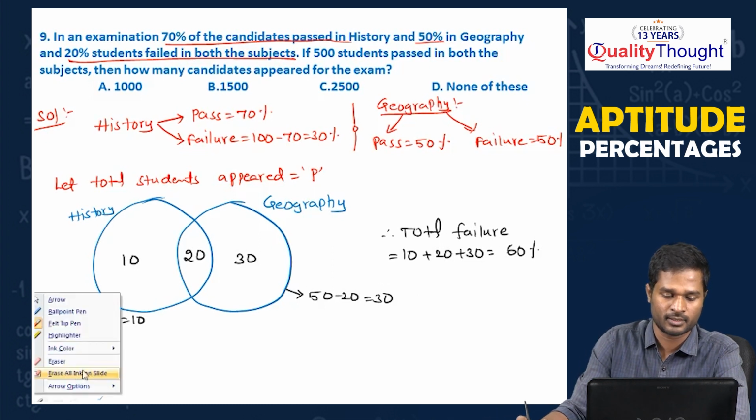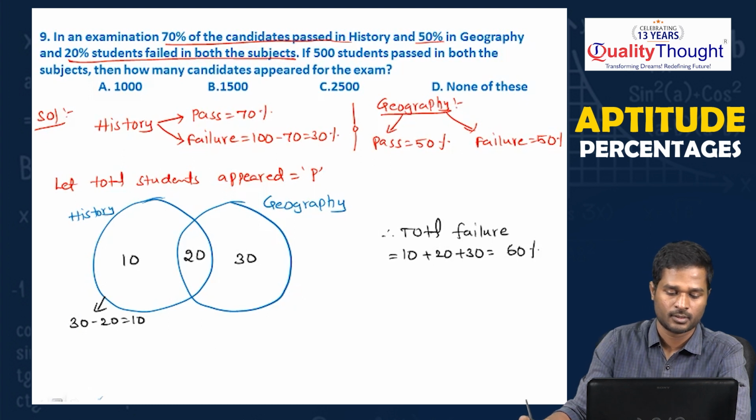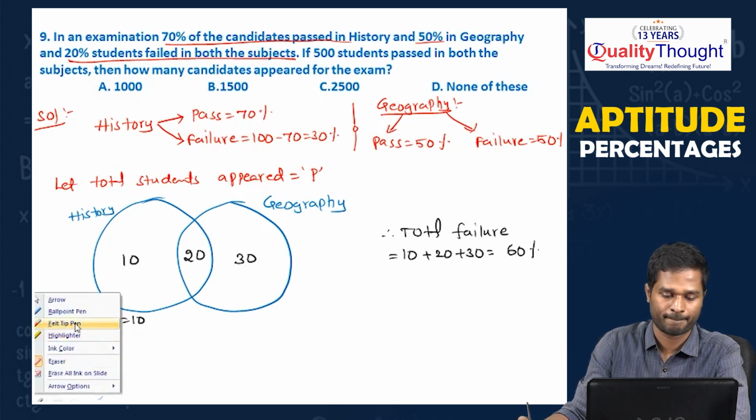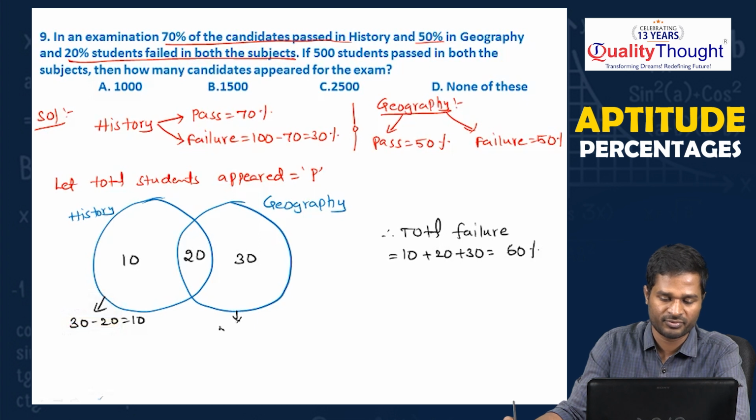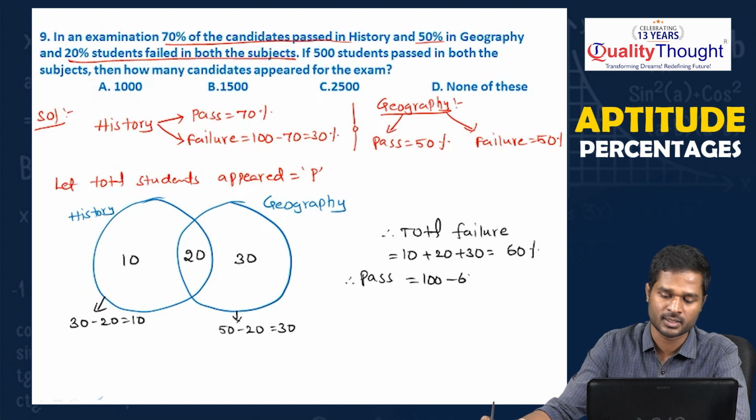Therefore, the pass percentage is 100 minus 60, which is 40%.